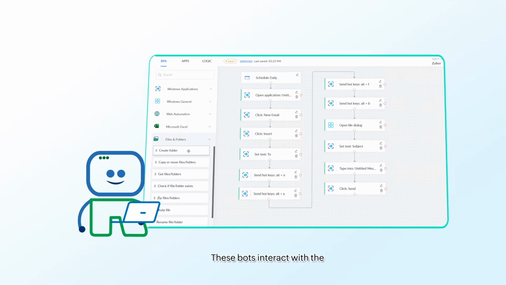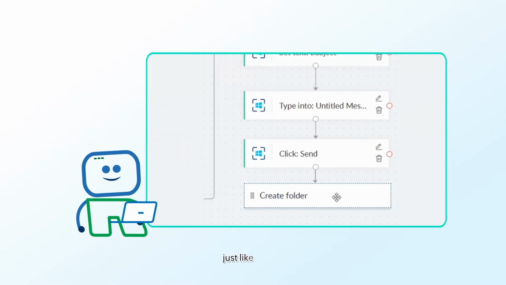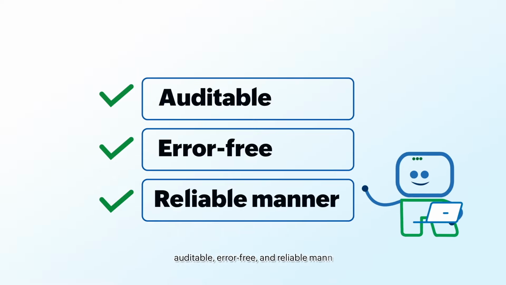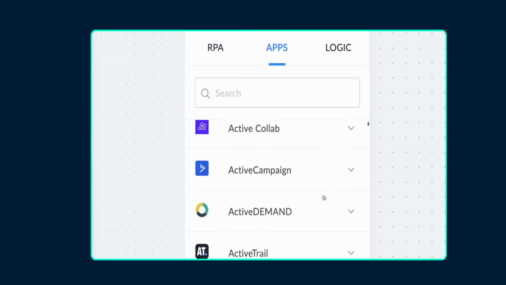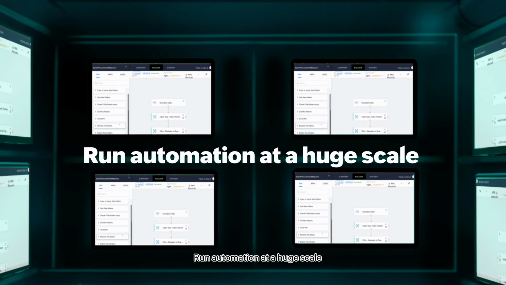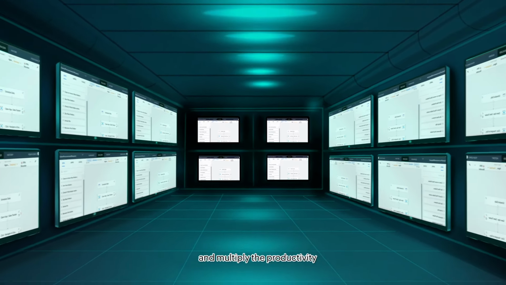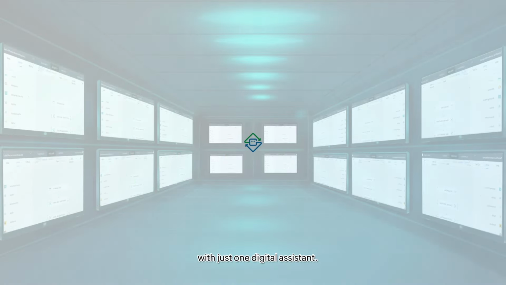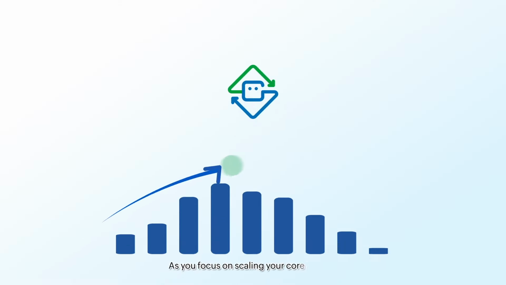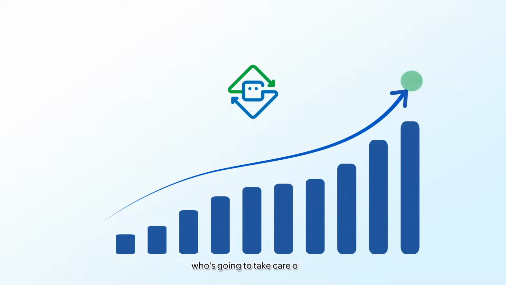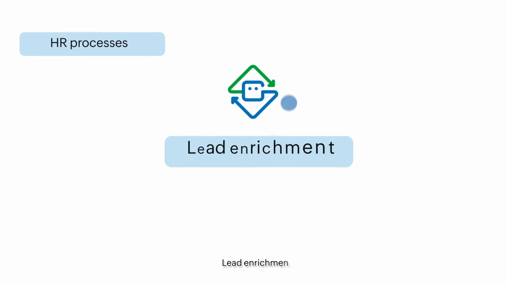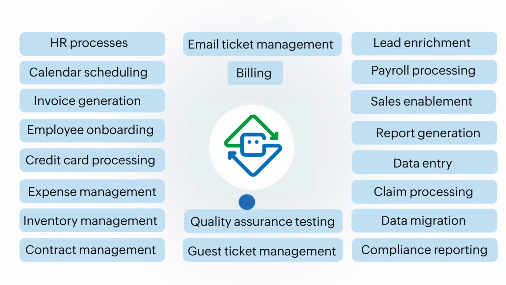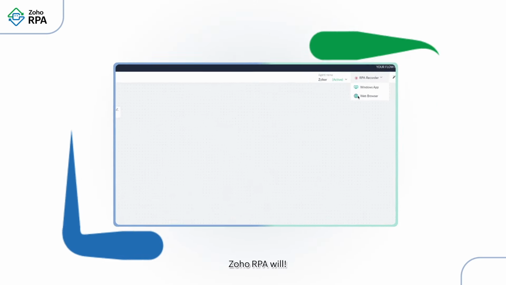These bots interact with the UI of any application, just like humans, to automate processes in an auditable, error-free, and reliable manner. Run automation at a huge scale and multiply the productivity of your business processes with just one digital assistant. As you focus on scaling your core business, who's going to take care of your HR processes, lead enrichment, email ticket management, and more? Zoho RPA will.